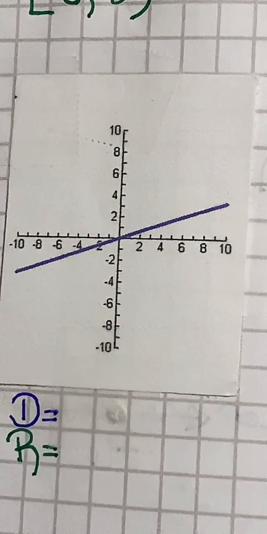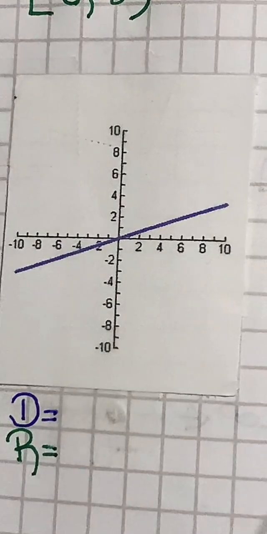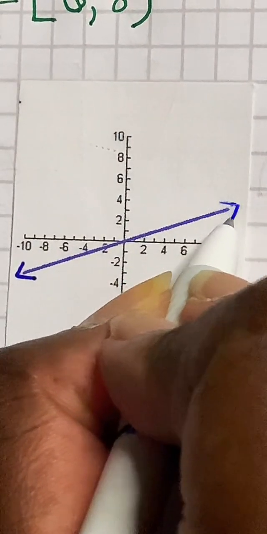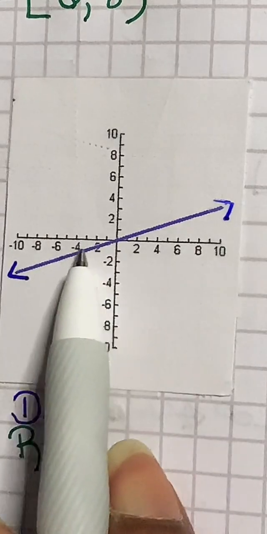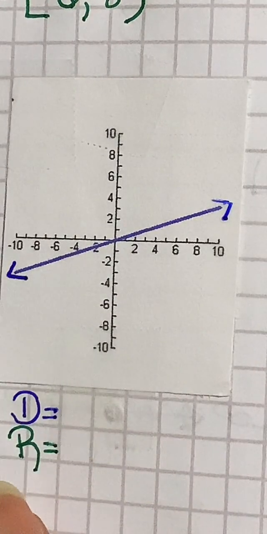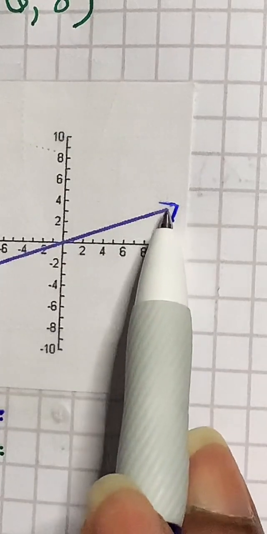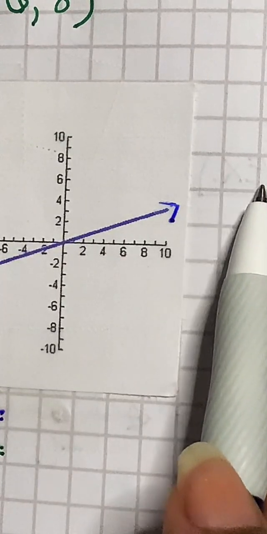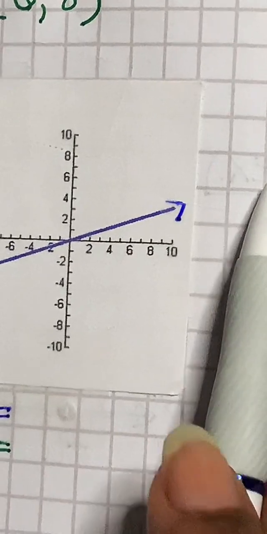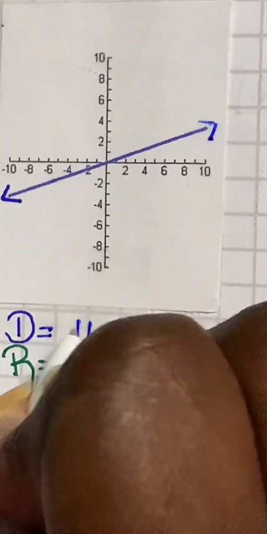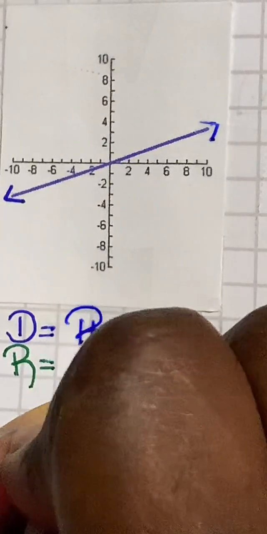Okay. So if it has arrowheads, let me reiterate, that means it's going to keep going on and on all the way to negative infinity. This is going to keep going on all the way to positive infinity. So my domain is basically all real numbers from negative infinity to positive infinity.